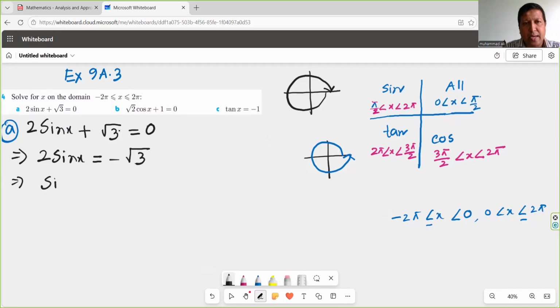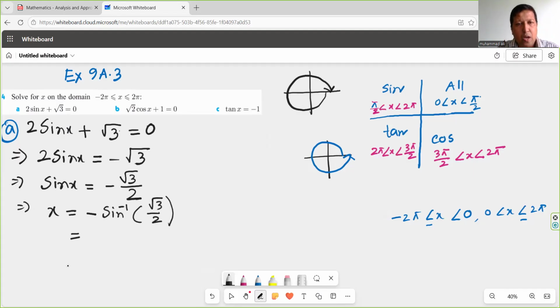So sin x equals minus root 3 by 2. x equals, always keep the minus outside, minus sin inverse root 3 by 2. So root 3 by 2 gives pi by 3.